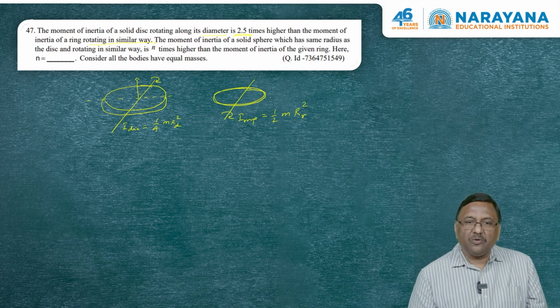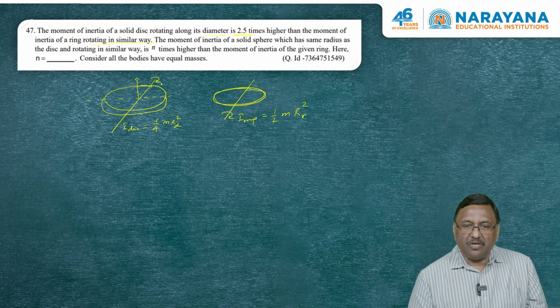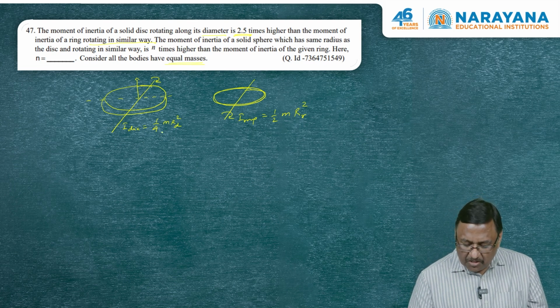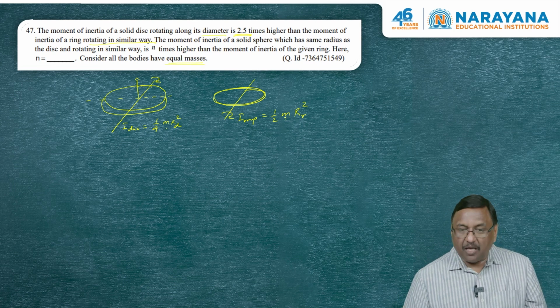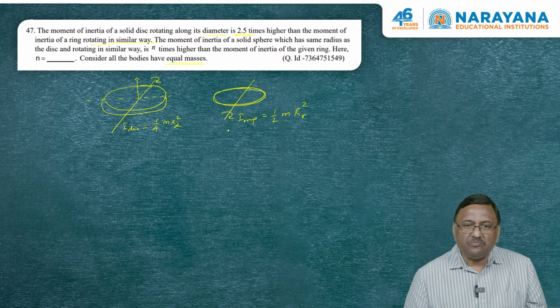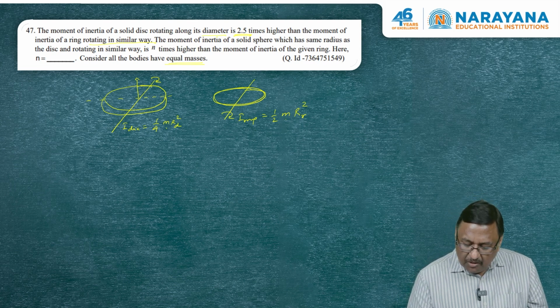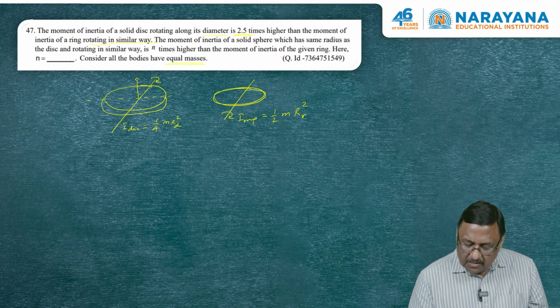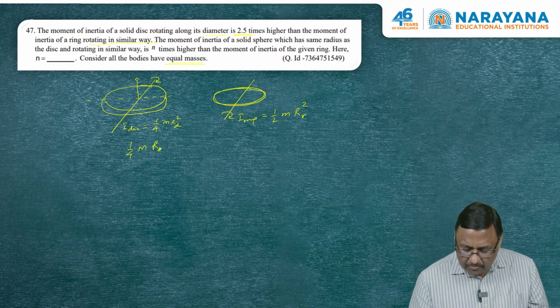At last, you can see in the question it is given that all the bodies have equal masses. So I'm not changing my mass relation. I'm keeping mass here m and mass here as m. This is what he is saying in the question: the moment of inertia of the disk is 2.5 times higher than the moment of inertia of the ring. So it's very easy. I write 1 upon 4 m into r d square.